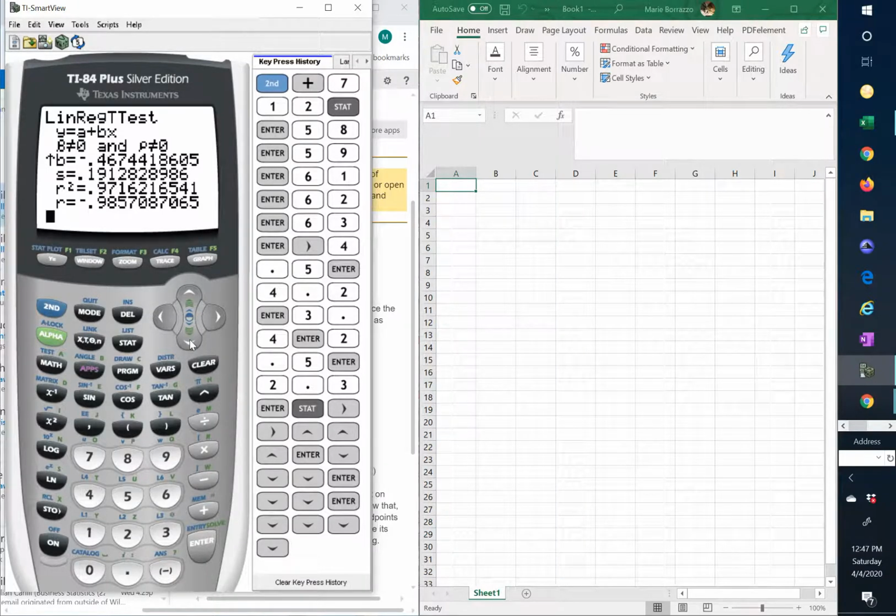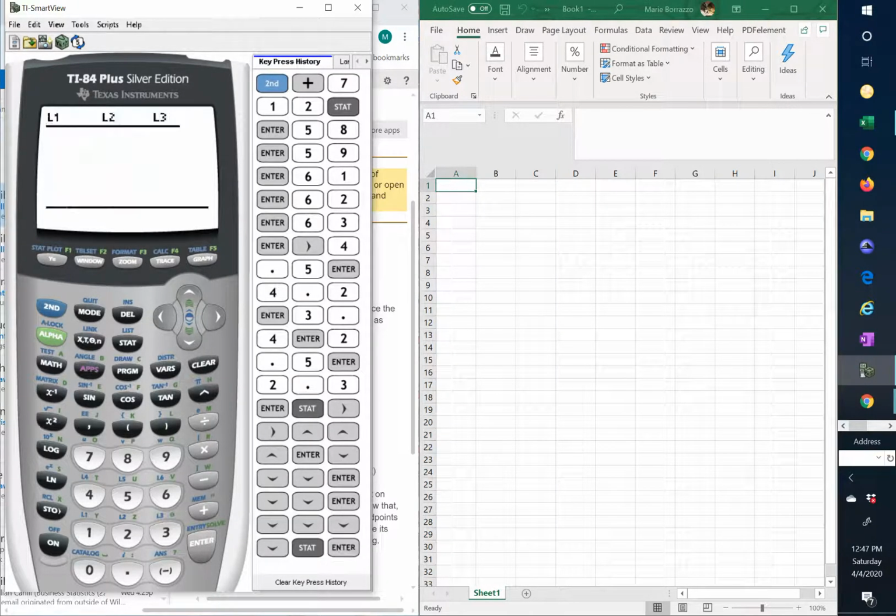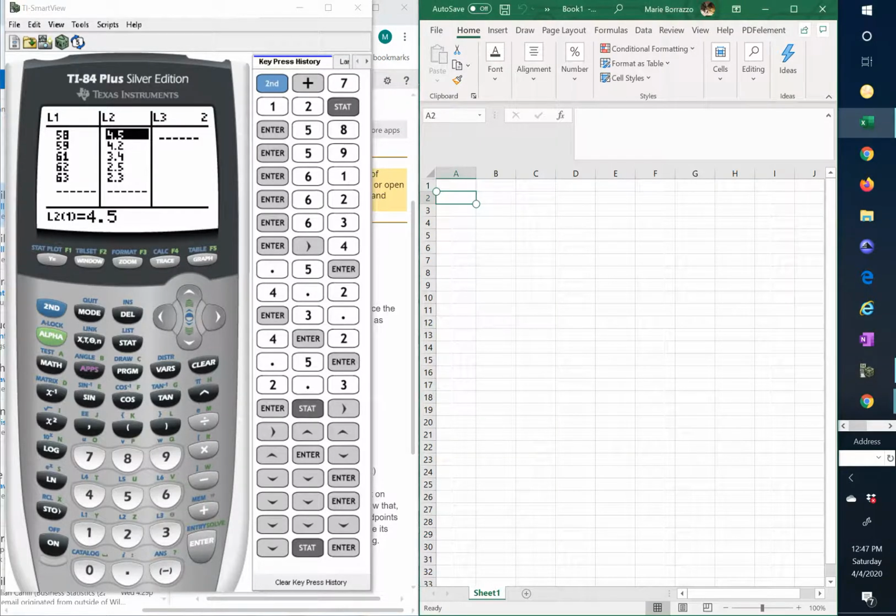correlation. So what I'm going to do to sort of pair this up so you see what I'm getting at with Excel is in Excel, you have your values, your 58, your 59, 61, 62, 63. And here's your 4.5, here's your 4.2, here's your 3.4, here's your 2.5, here's your 2.3.